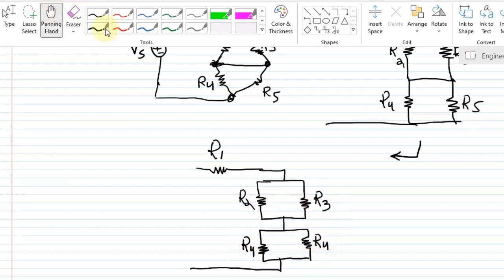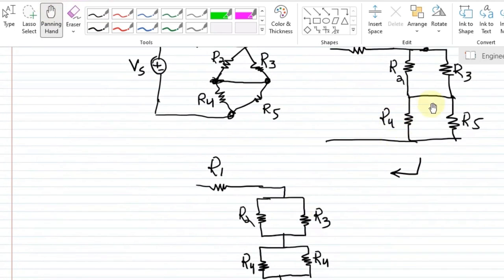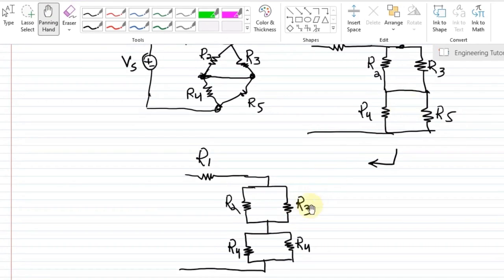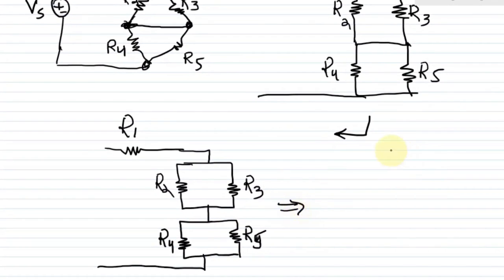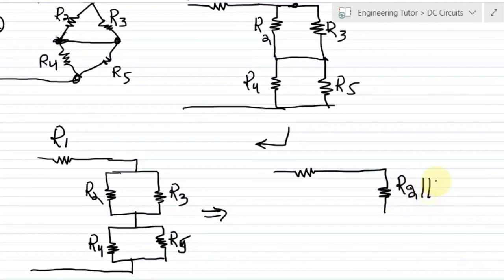You can very easily see that these two are equal configurations, in which R2 and R3 are in parallel, and R4 and R5 are in parallel as well. After finding the parallel combination of R2 and R3, the two configurations will be in series with each other.